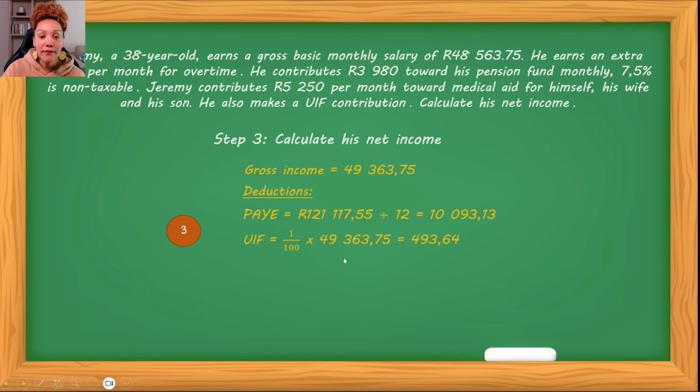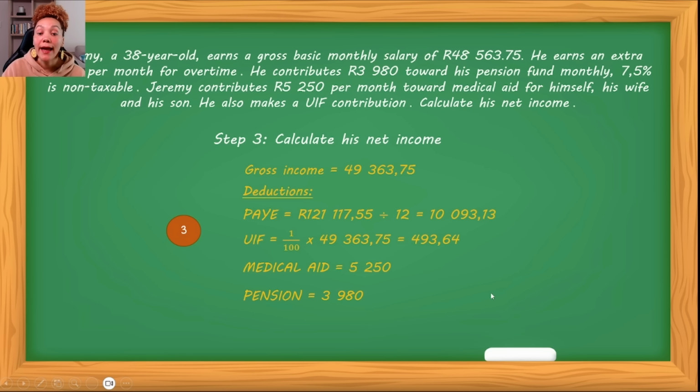Then for UIF, it's 1% of, again, his gross income, and this is his value per month. Medical aid, we get that from the information in the question. And then his pension amount, which we also got from the information in the question, which is 3,980.